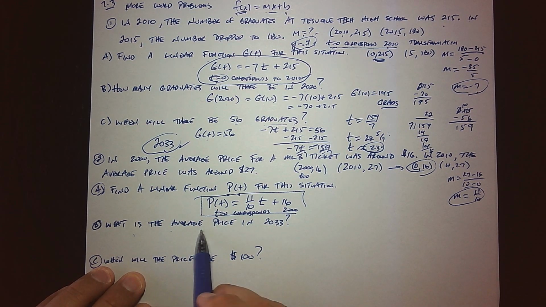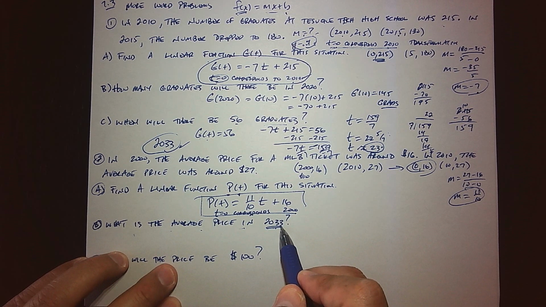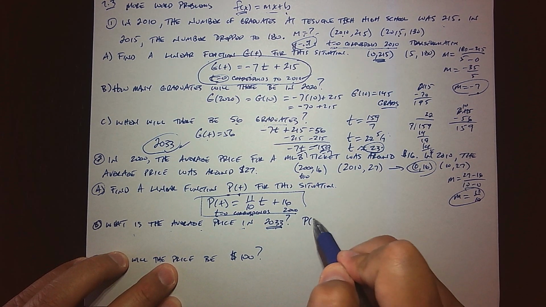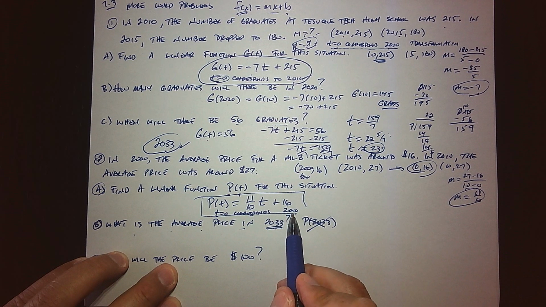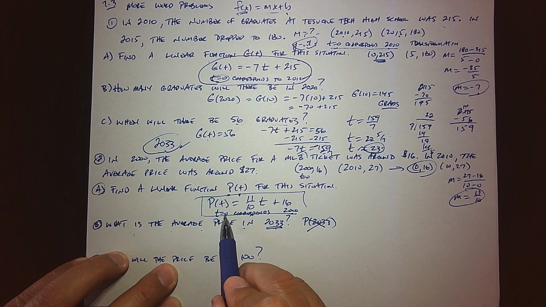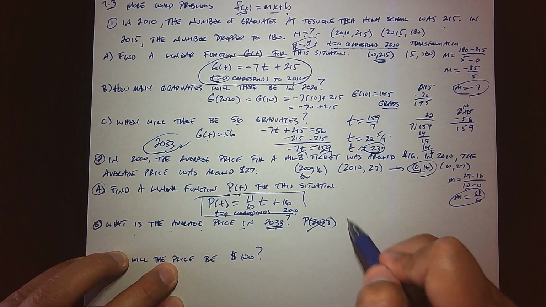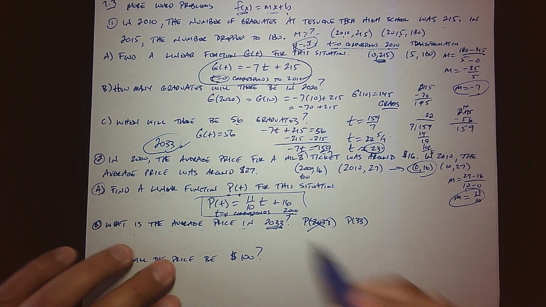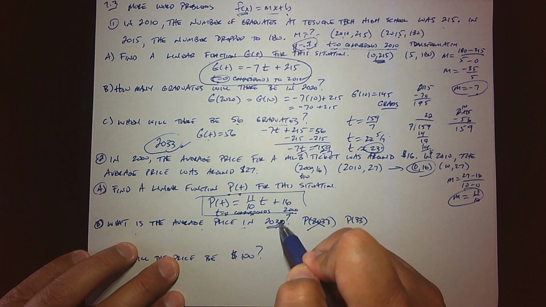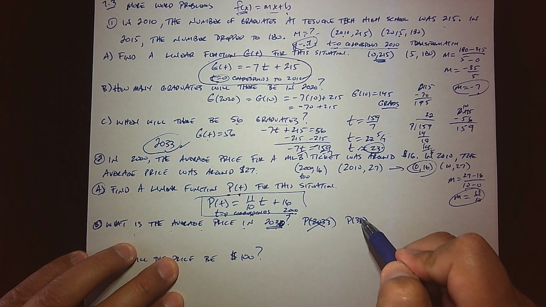Using it, what is the average price in 2033? Well, again, we're not finding P of 2033, right? That's going to be wrong. But we're 33 years after when we started in the year 2000. So we're actually looking at P of 33. How about, I just realized something, how about we make that a nice 30?